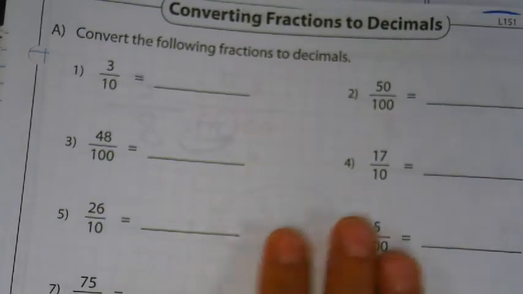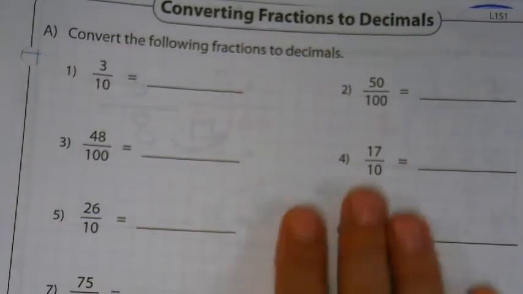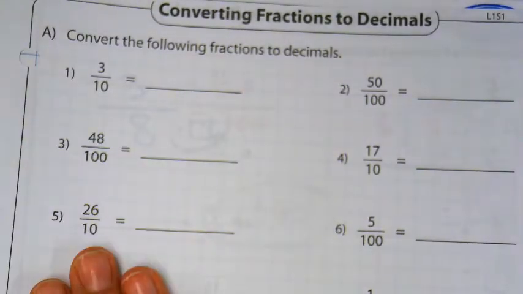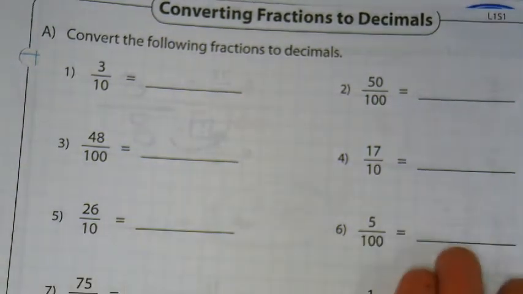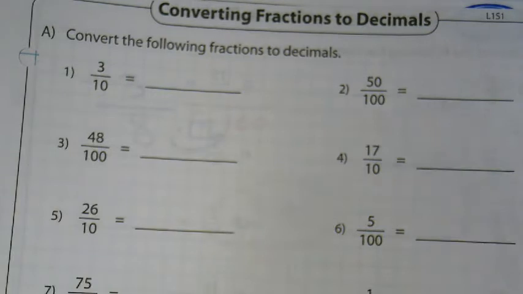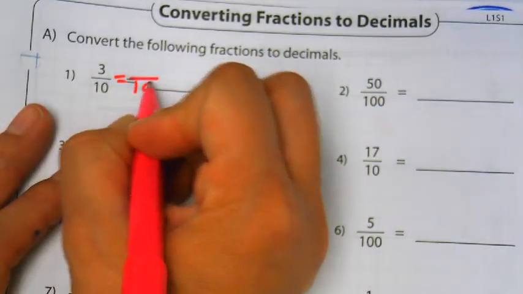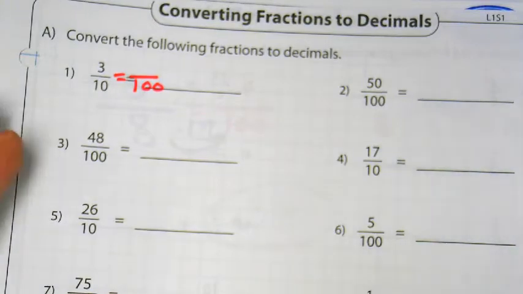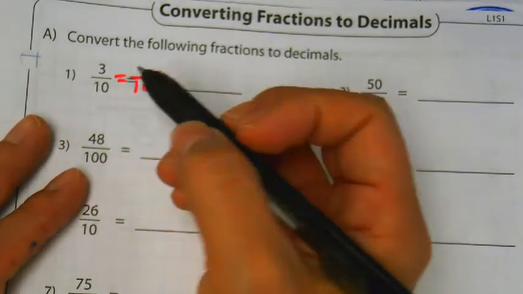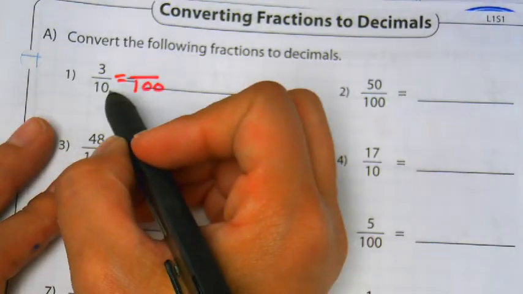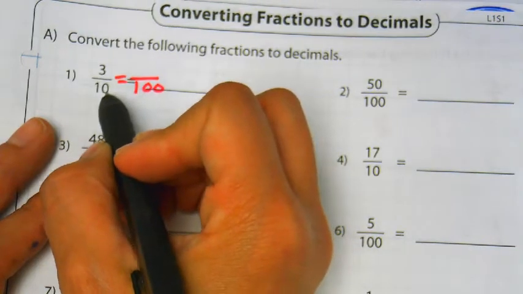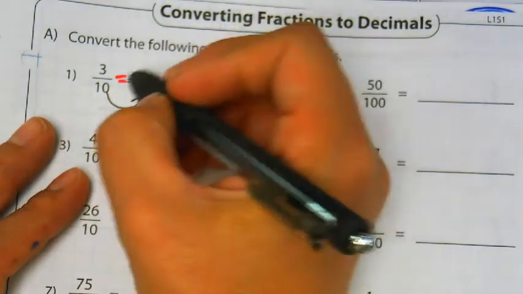So, I like this side. This side makes me happy because all your denominators are either 10 or 100. If it's 10, you're going to set it up equal to 100, right? Because you can. So, from yesterday, 10 times what is 100?